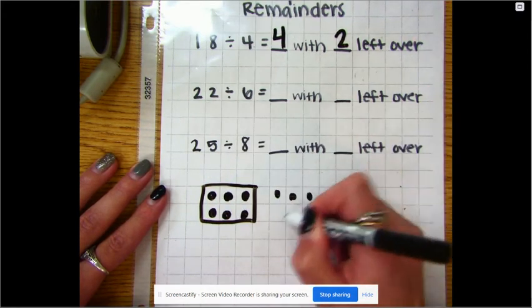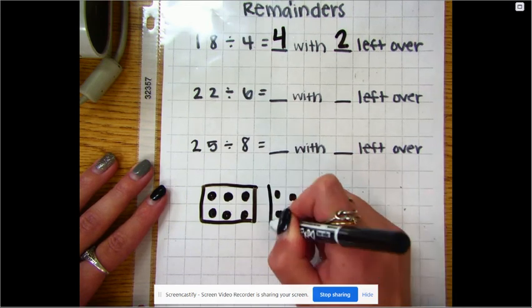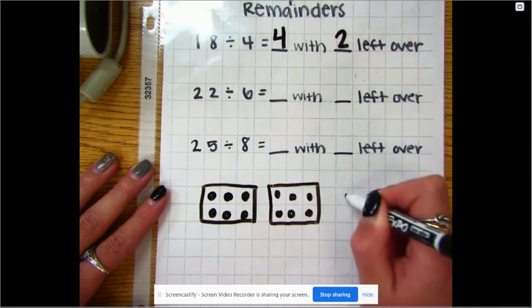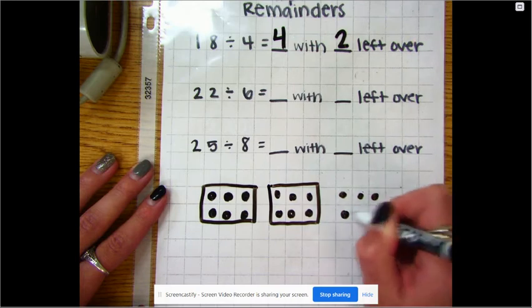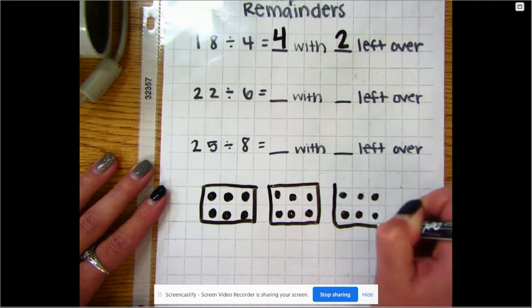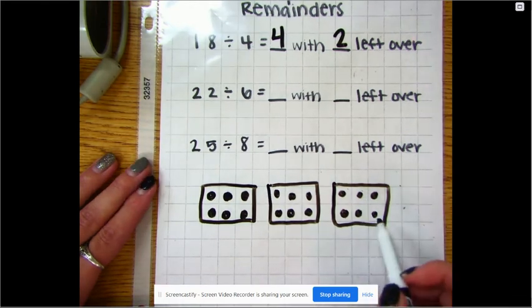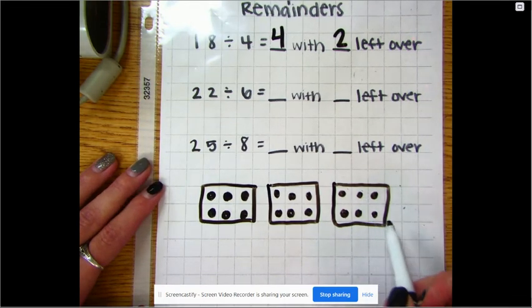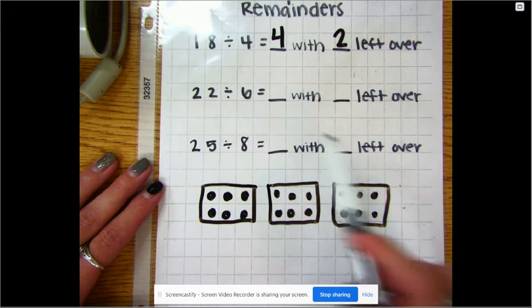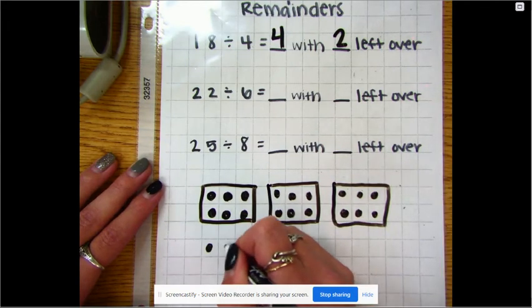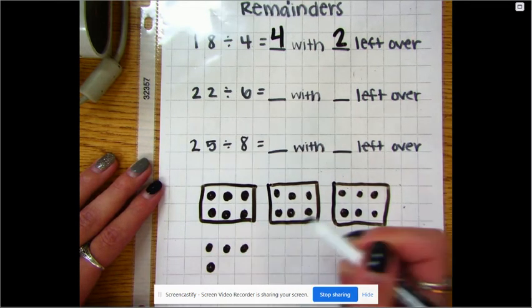So 6, 12, 18. Okay. Now if I'm at 18, I want to keep counting up. 18, 19, 20, 21, 22.